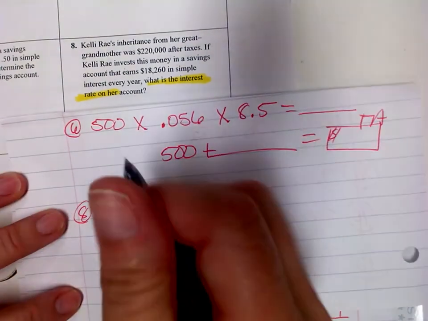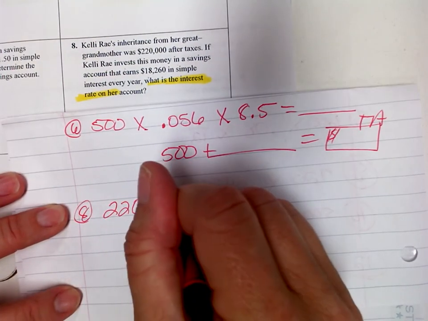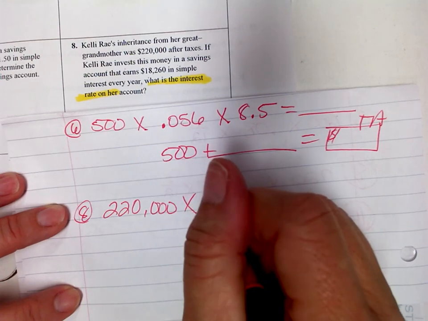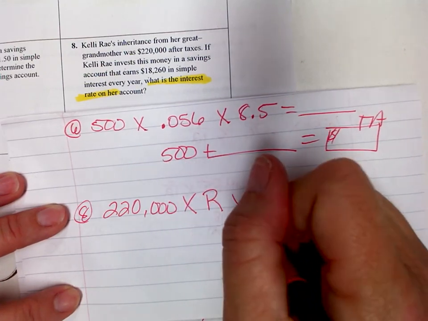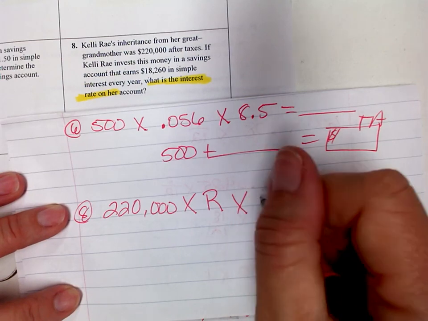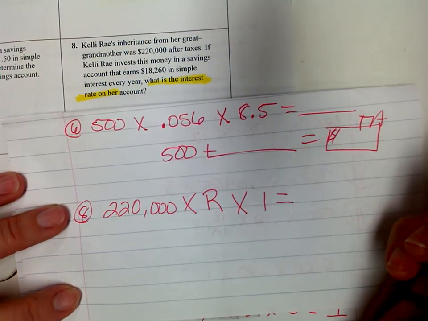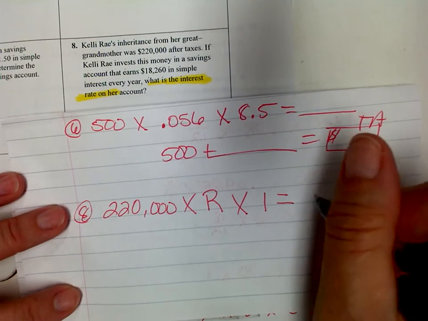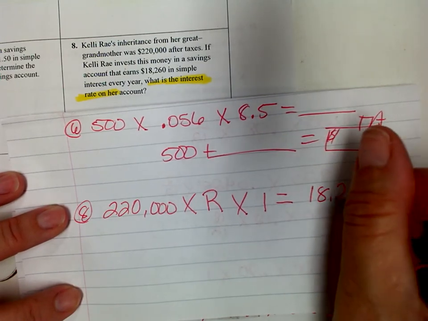So you have your original. We are looking for your rate times the 1 year. Okay, so we are solving for R, and it earned for 1 year.